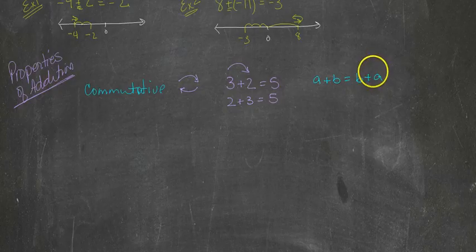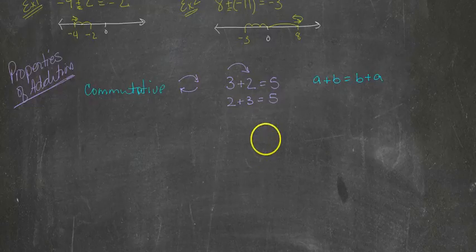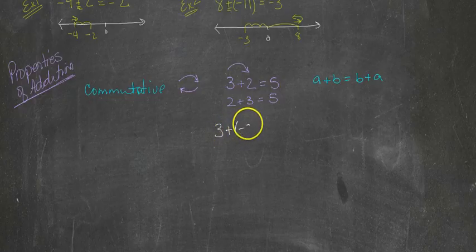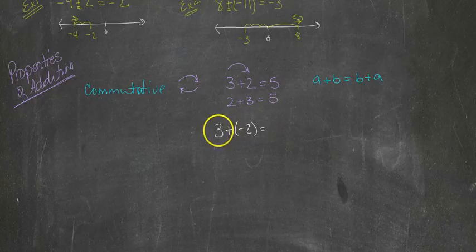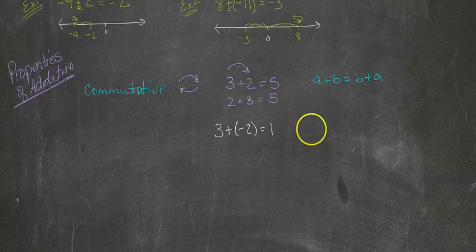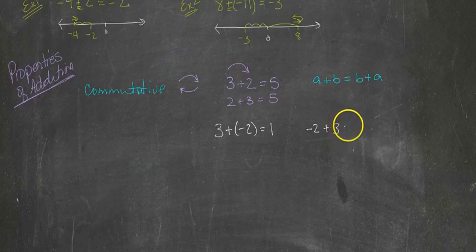And this works with positive and negative numbers. Let's look at an example of both. If I were to take 3 plus, let's say, negative 2, well, that equals 3, turn around to 2, it's going to take me to 1. So the question then is, does negative 2 plus 3 also equal 1?